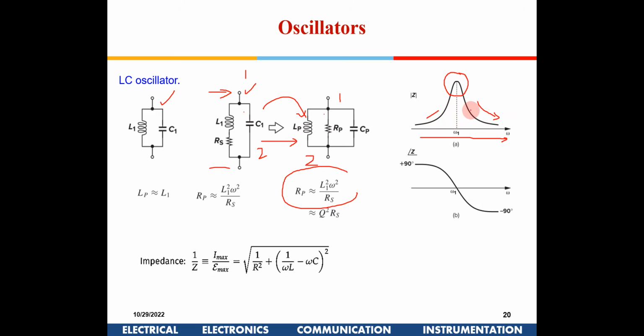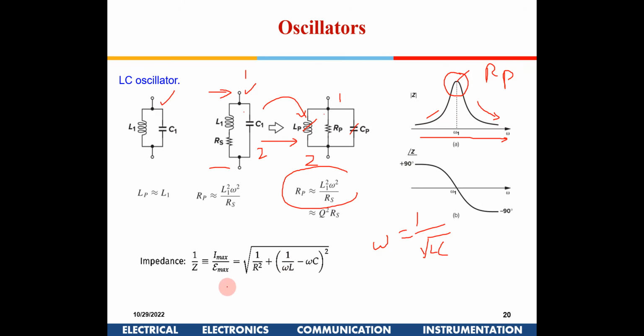At this particular frequency, this L and this C will cancel each other, so omega will be 1 by root LC. For that frequency they cancel each other, and this impedance will be RP.